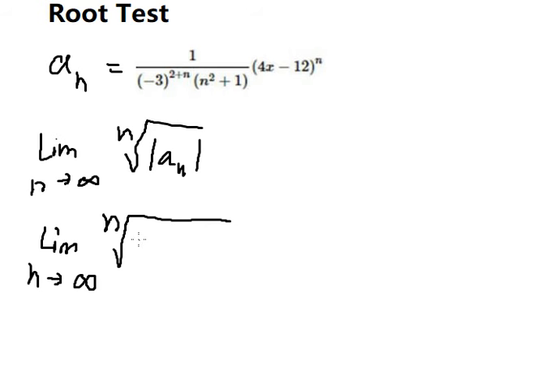So I will put 3 to the power of 2 plus n. 1 over 3 to the power of 2 plus n. We put it in here, and now we put this inside the absolute value.